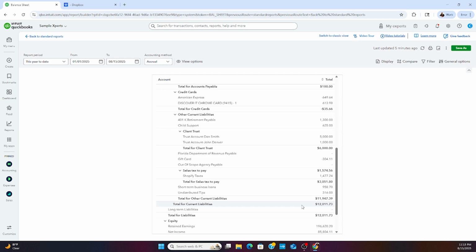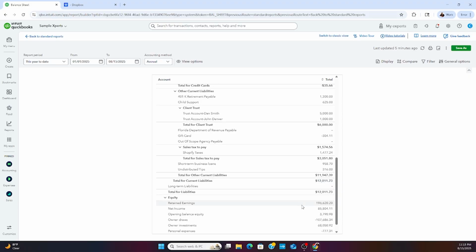So everything looks pretty good here. Too good, right? If I divide, I'm going to get a 21, which is extraordinary. But usually that's not the case. You're going to have a little more current liability. This evaluates how well you're going to be able to pay your short-term liability. If you have a ratio above 1, it means that you're in the safe zone. So in this case, if you're at 21, you're definitely in a safe zone.